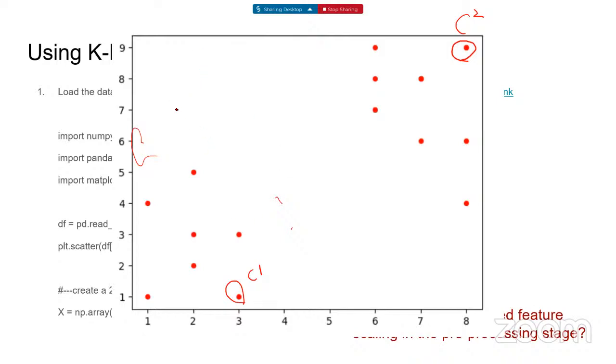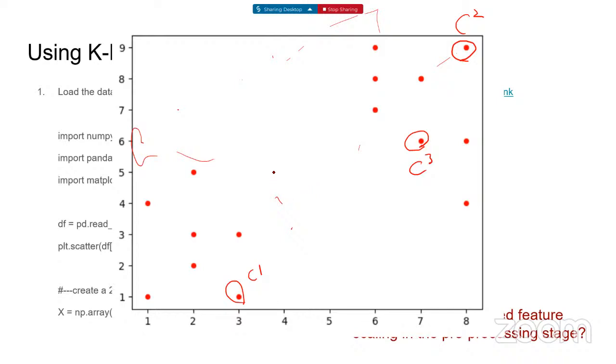The third centroid could be the middle one, with the nearest distance to both. If you add them together, this one is probably the nearest to both, the sum of the distances might be the smallest. So we pick this one as the third centroid.